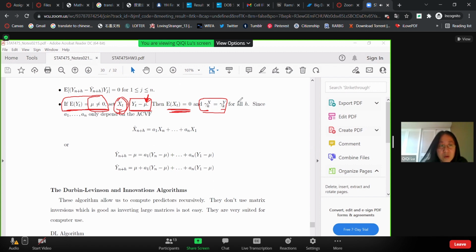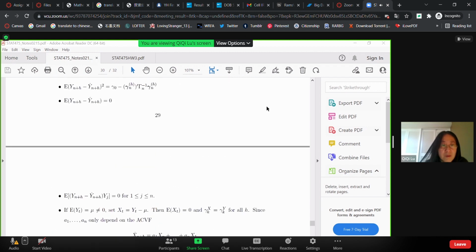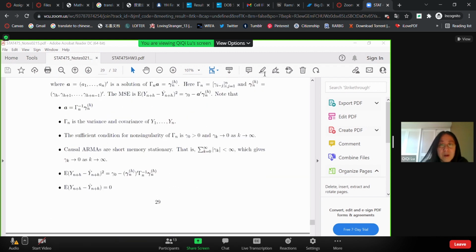And then we know this one here, that's gamma n inverse times gamma n.